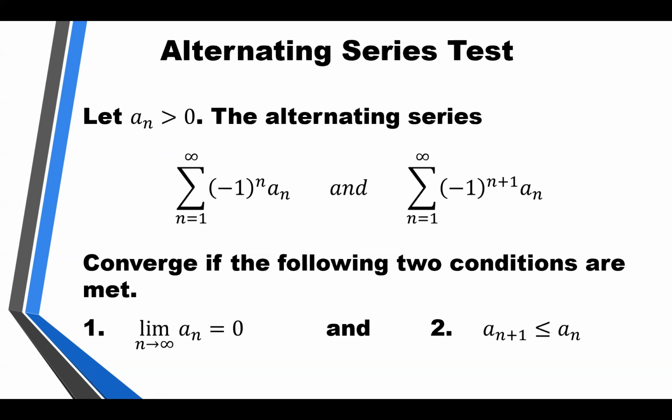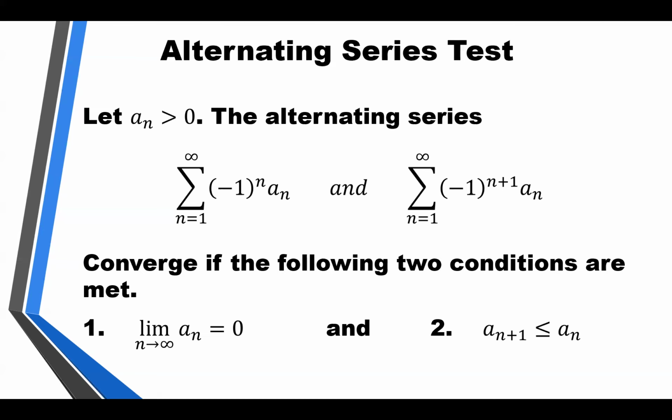With the p series and the integral test, we needed our functions to be of a certain type. With the limit comparison, we needed our functions to be of a certain type. With the alternating series, we also need our terms to be of a certain type. We need those terms to be alternating.